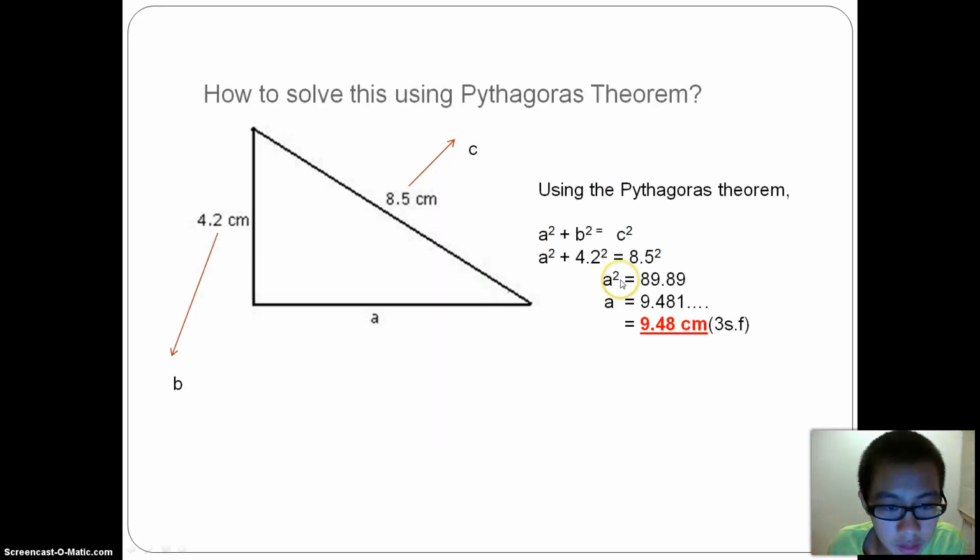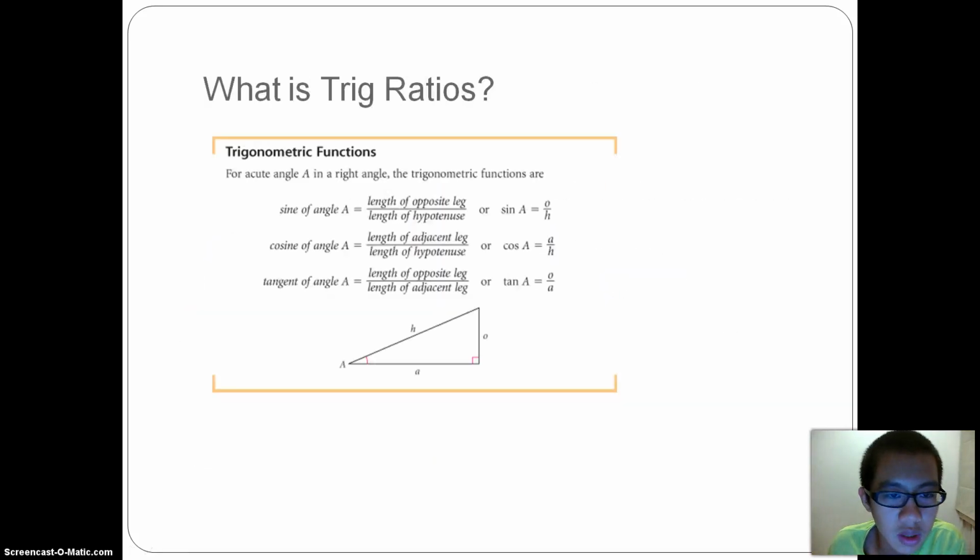Let's move on. Okay, what are trigonometry ratios? Let's look at the example of a triangle here. To find sine of angle A, you have to take the opposite divided by the length of the hypotenuse.